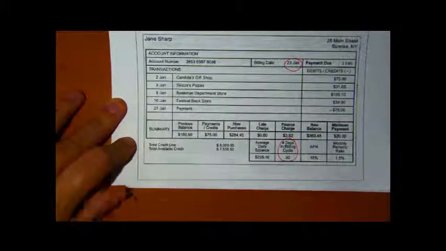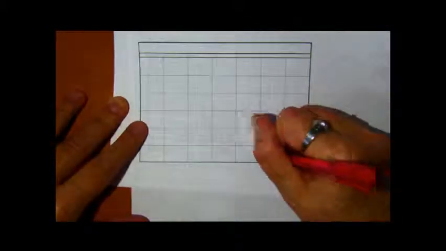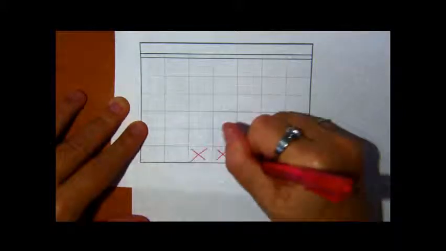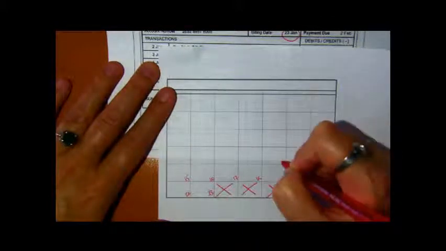My calendar has 35 days on it, so I get rid of 5 of them because I don't need them. Her billing date is January 23rd, so I start at the 23rd and start counting backwards: 22, 21, 20, 19, 18, 17, 16, 15, 14. And it doesn't matter that I'm not going Monday through Sunday. I just need the right number of days.